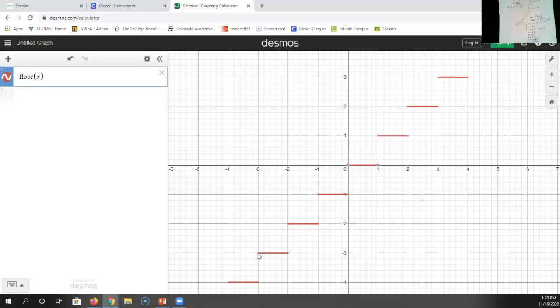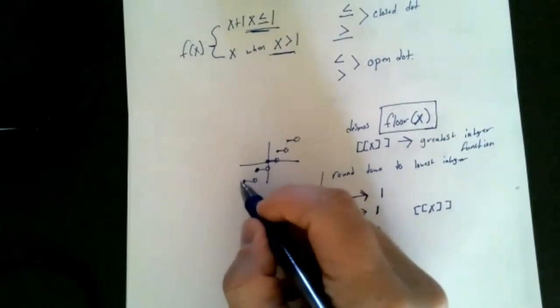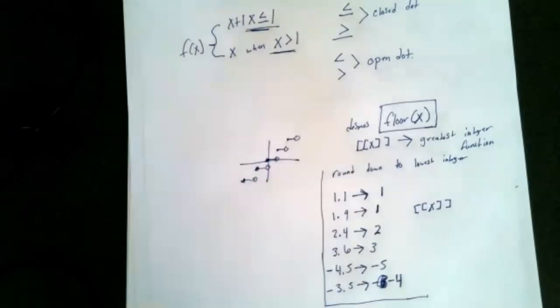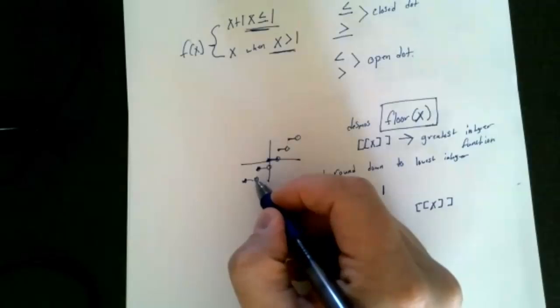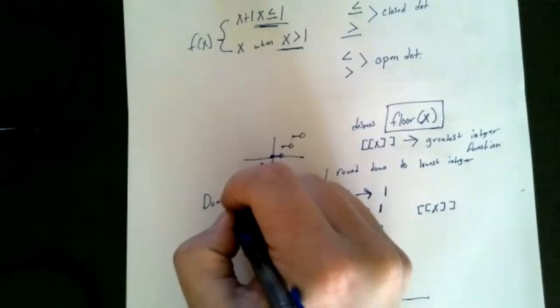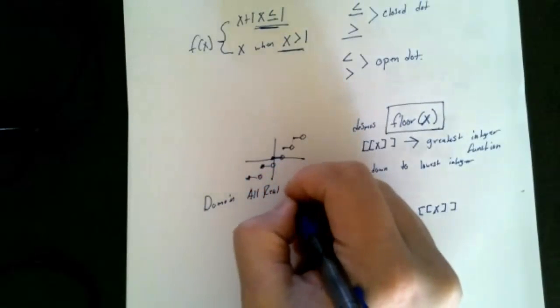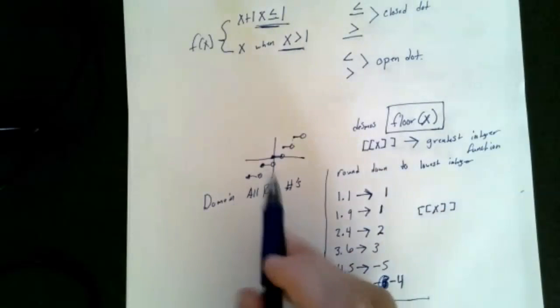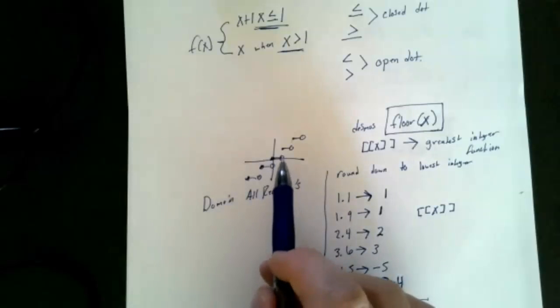4. What Desmos doesn't show you is that this graph has opened and closed circles. Okay, the closed circles correspond to saying that, yes, that is a part of the graph. And this would be a hole. Okay, believe it or not, the domain is all real numbers. Okay, it's because every integer in terms of x values is being taken into consideration.